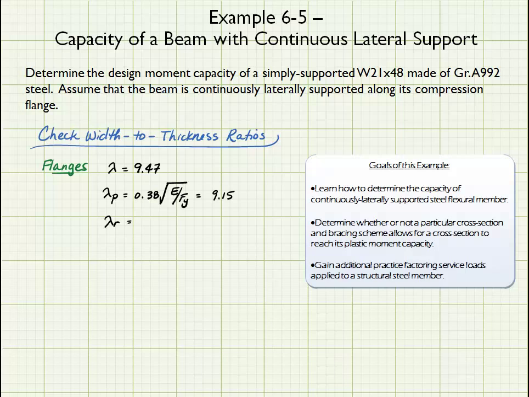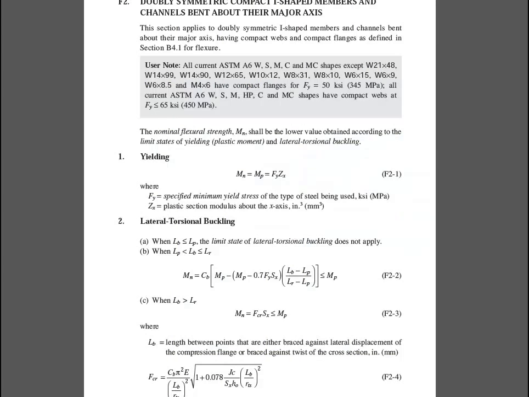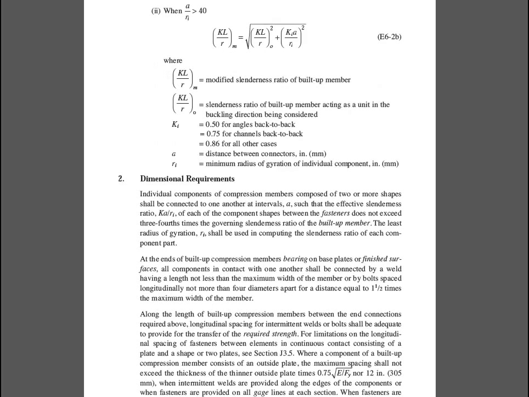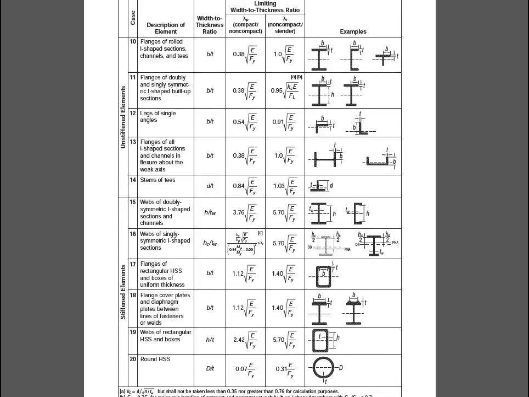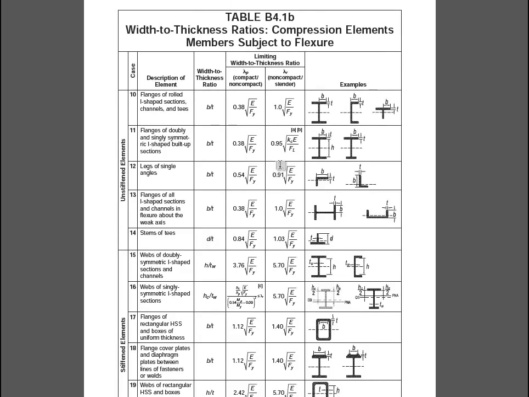So to figure out lambda sub r, I need to go back to the specification, chapter B. Here we are. Here's table B4.1. I'm looking at the flanges of rolled I-shaped sections, and lambda sub r is 1.0 times the square root of E over Fy.